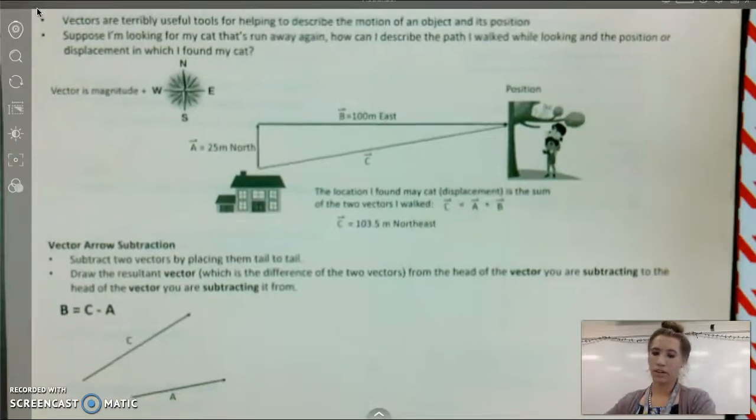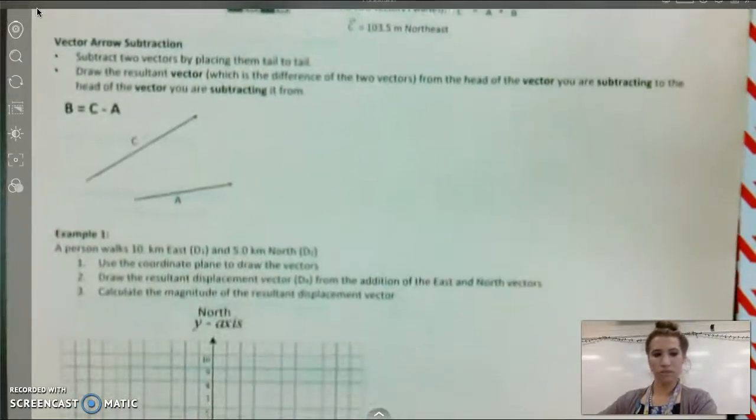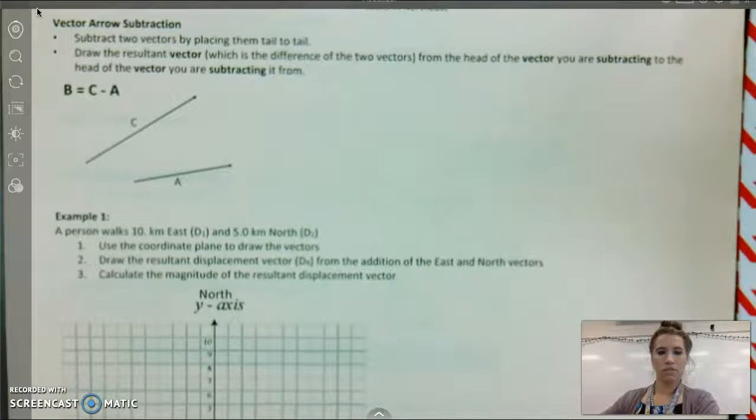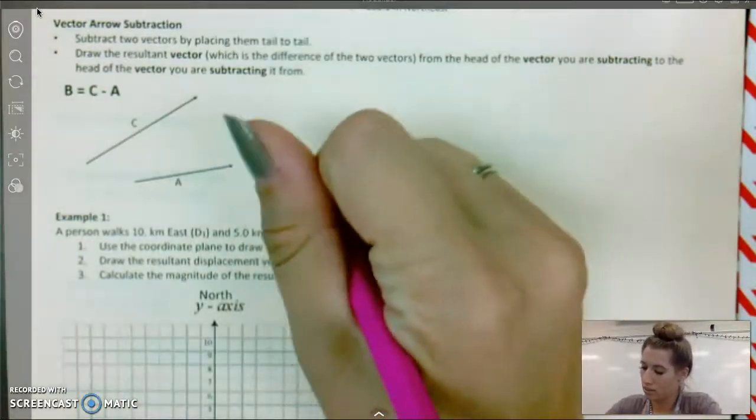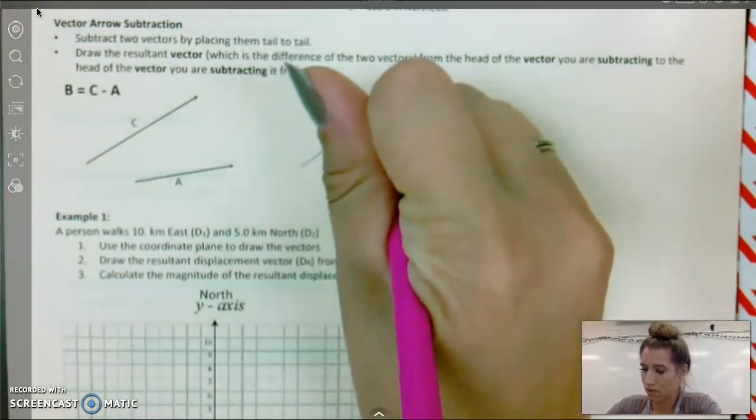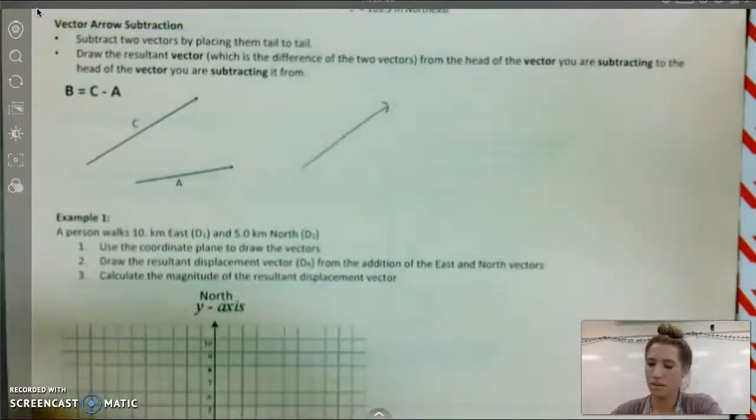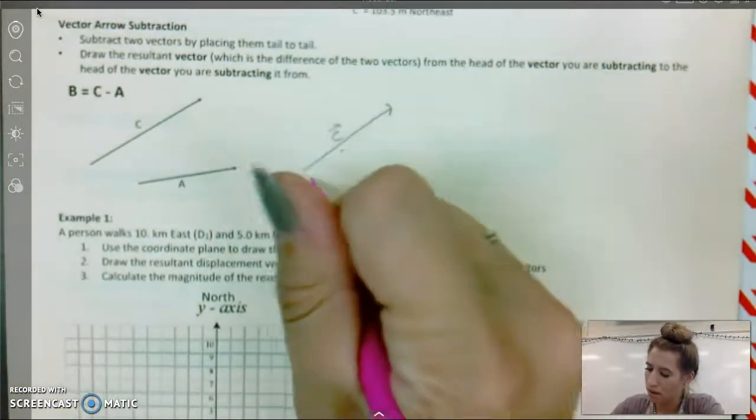Now, subtracting vectors is similar but a little different. Okay, so here it's saying that our resultant vector, this time they're calling it B, is a combination of C minus A. Now, instead of combining these two tail to tip, what you do is you combine them tail to tail. So I have my C vector, and I'm adding my A vector.